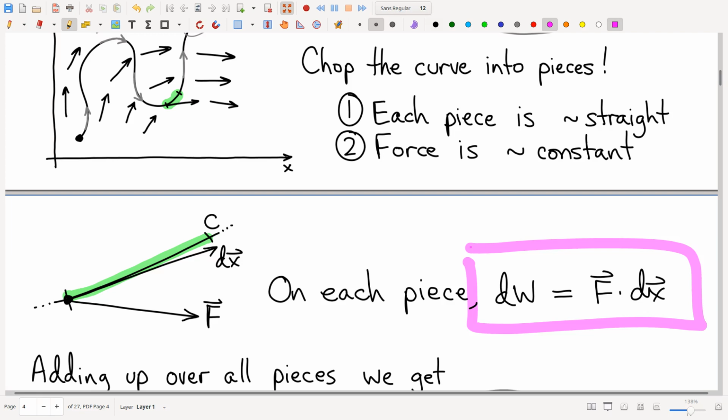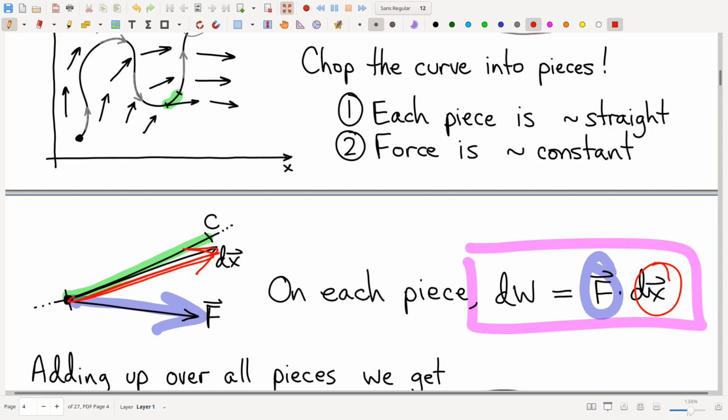So on that little piece of curve, we're going to look at what is the force vector. We're going to look at what is the displacement differential. And work equals force dot displacement.